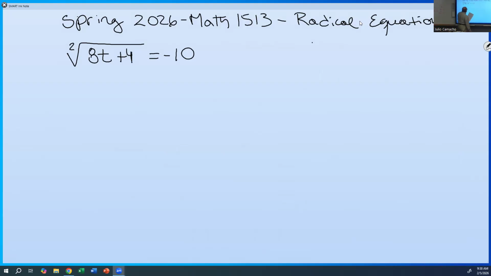Why? Because we need to prove, even if you have an equation that is equal to a positive number or 0, you still have to check at the end whether the answer is extraneous or not. What does extraneous mean? If we try to solve this equation, the only way to remove the radical is raising the square root to the power of 2.